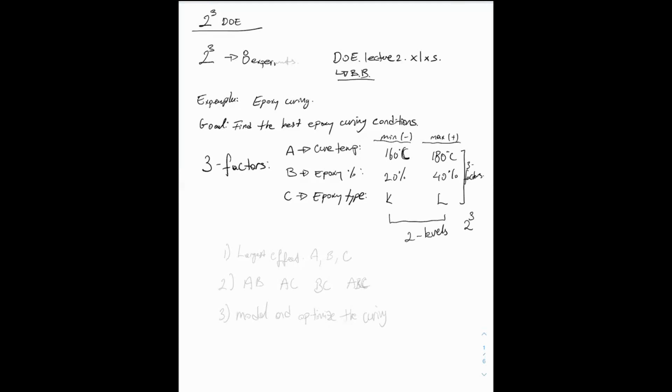Okay, so what the DOE is going to tell us, based on these experiments, is, 1, the largest effect. In other words, whether cure temperature A, epoxy percentage B, or epoxy type C affects the results the most, as well as whether changing one will affect the effect of the other.